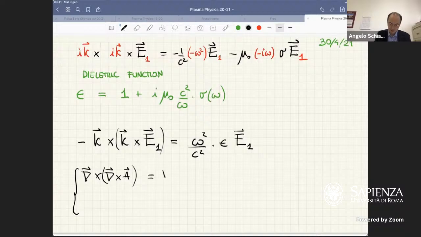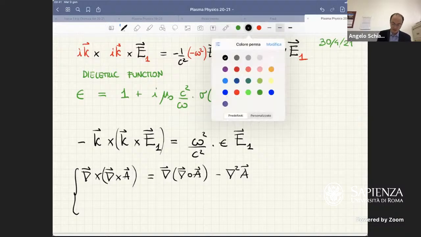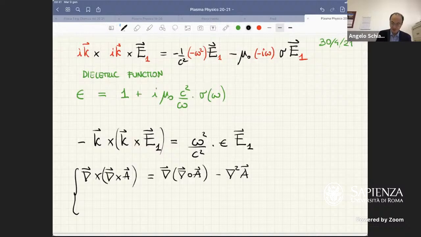So it is the gradient of the divergence of a given quantity A, could be the electric field, could be the magnetic field, minus the Laplacian, so nabla squared of the vector field A. And if we translate this into complex notation, then the same differential equation becomes, we can write it in two steps.